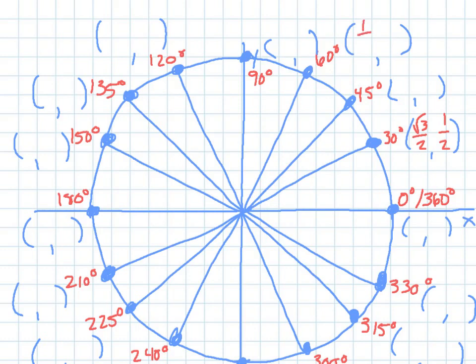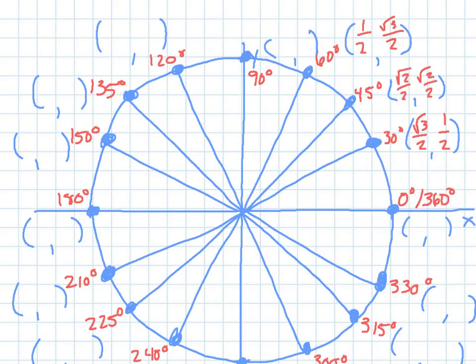And they're always the flip. So the 30s and the 60s of each one is always going to be the reciprocals of each other. So they kind of switch spots, in the same sense that you flip the x and the y's. And then 45s always have the square root of 2 over 2 values that come up.